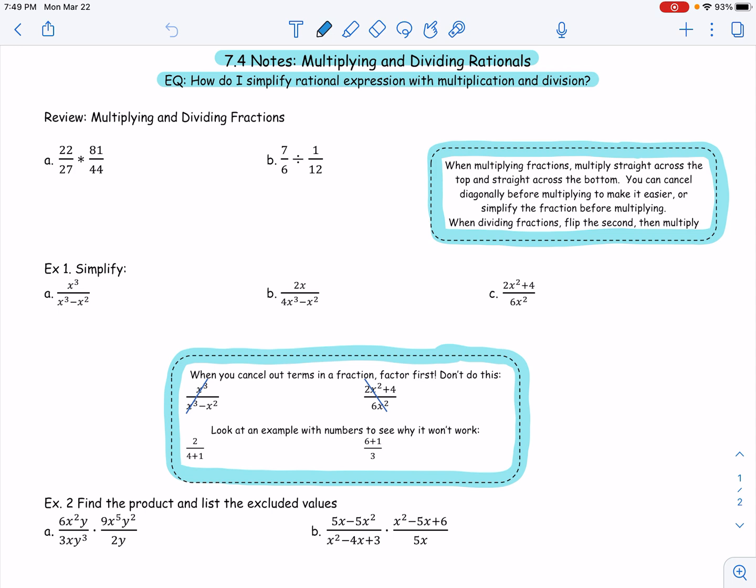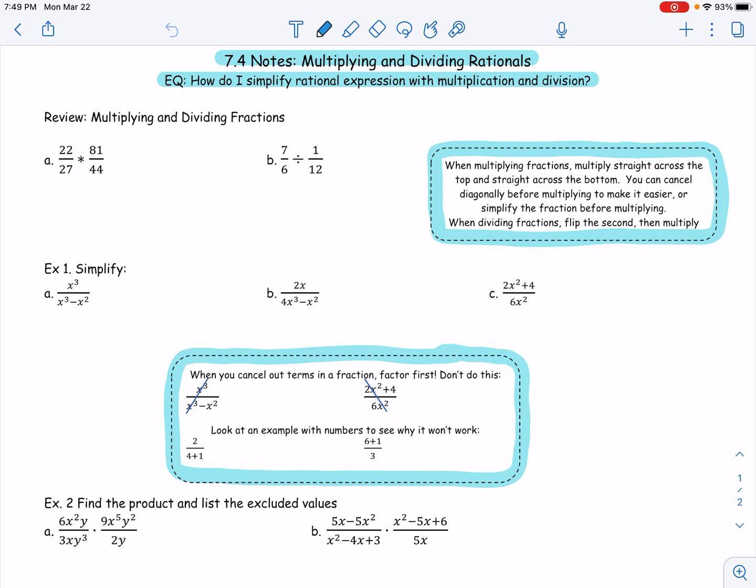However, to make our life a little bit easier, remember you can cancel out or simplify diagonally before multiplying straight across. And remember, when dividing fractions, instead of dividing by a fraction, you can multiply by the reciprocal, meaning we flip that fraction. When dividing fractions, flip the second, and then multiply straight across.